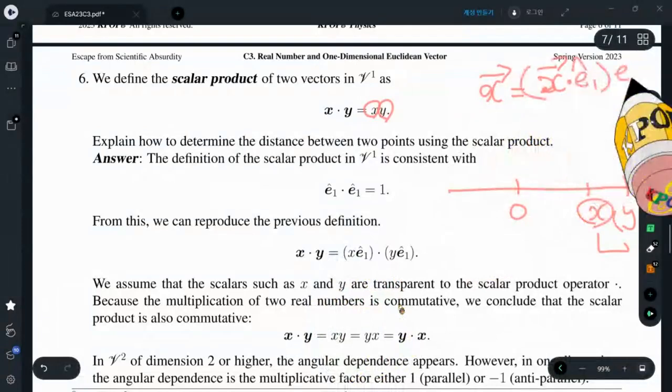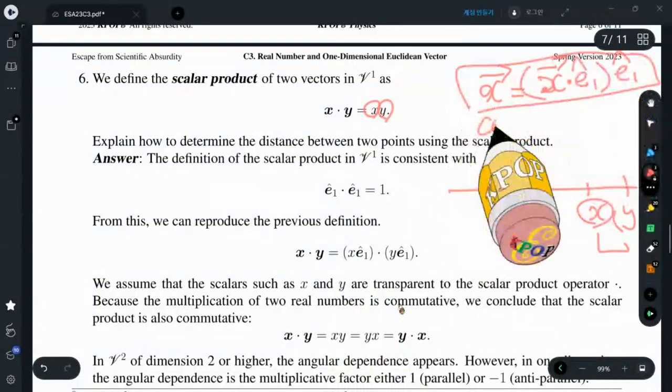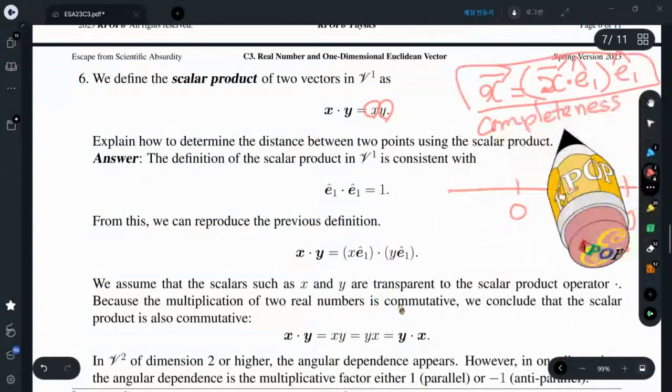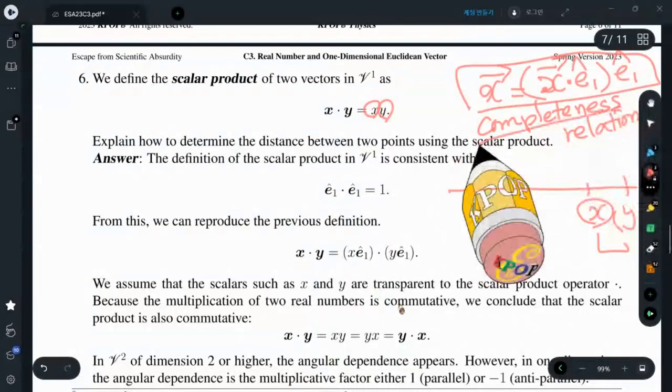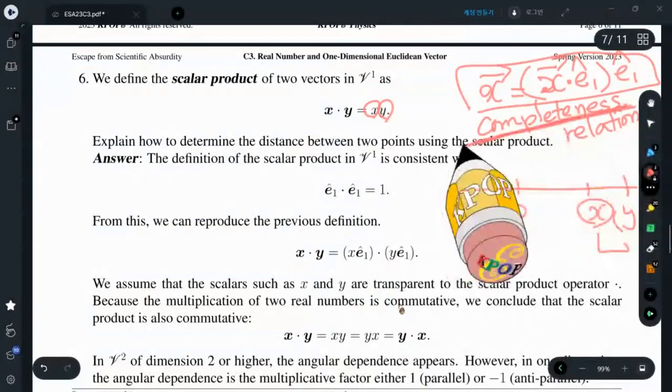always expressed as E1 and E1. This is called the completeness relation. Complete means that it doesn't miss anything.